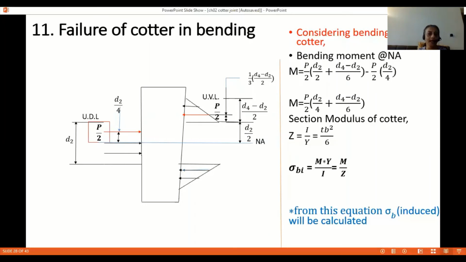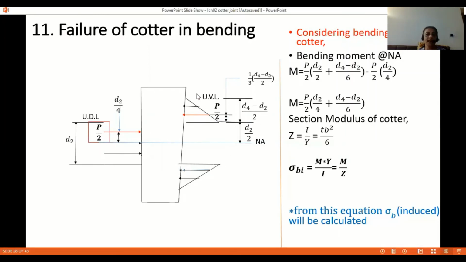Now we have to find out the maximum bending moment which will act on this cotter. For that, we'll be considering the bending moment of load P by 2 into perpendicular distance minus P by 2 into this perpendicular distance. So this is the diameter of socket collar, which is D4. This is diameter of spigot, which is D2.